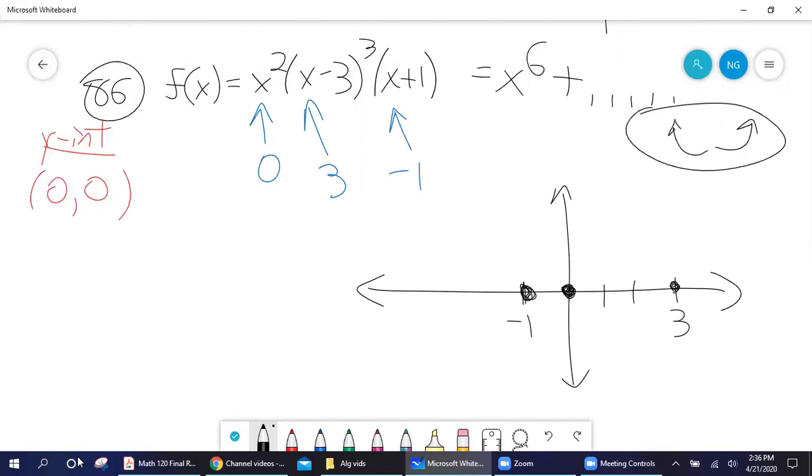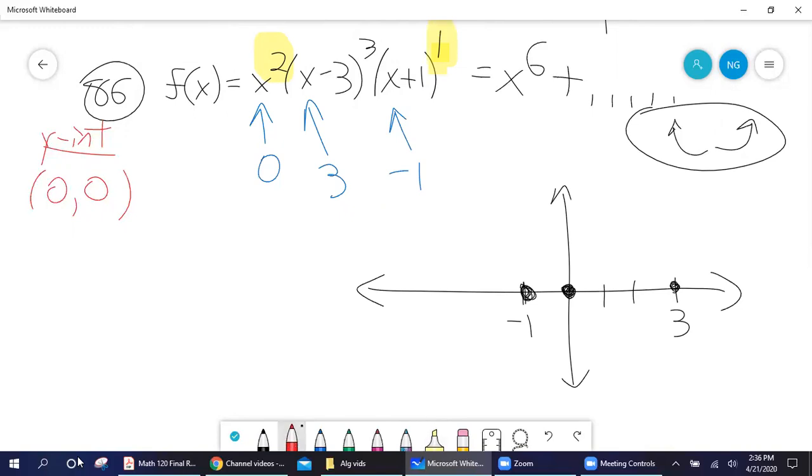Now, from my end behavior, I know this is going to start up and end up. Remember, when a 0 has even multiplicity, that means we're going to bounce off there. The -1 came from a factor that had odd multiplicity, so it's going to cross through there.